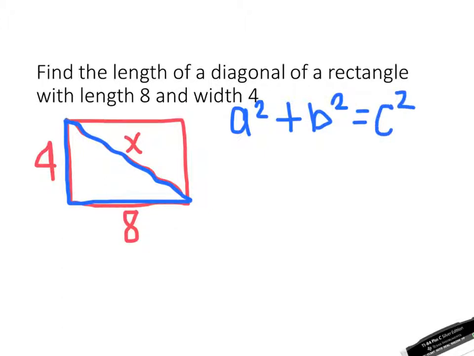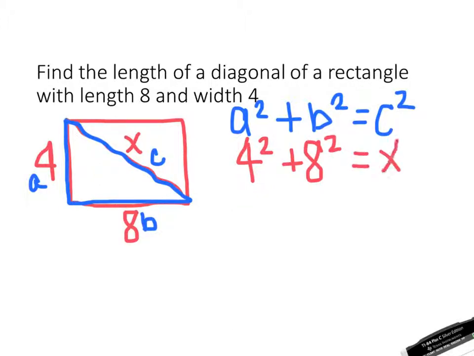We need to label our side lengths, A, B, and C. a squared should be 4 squared, plus b squared, which should be 8 squared, is equal to x squared. 4 squared is 16. 8 squared is 64. That is equal to x squared.